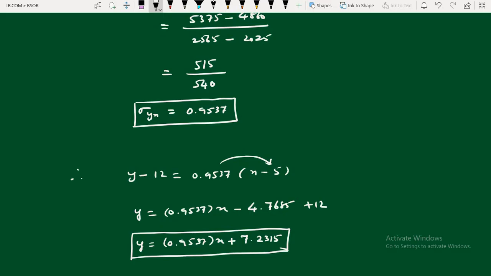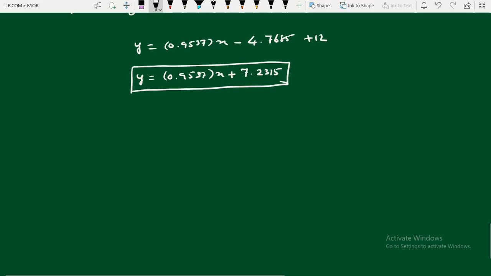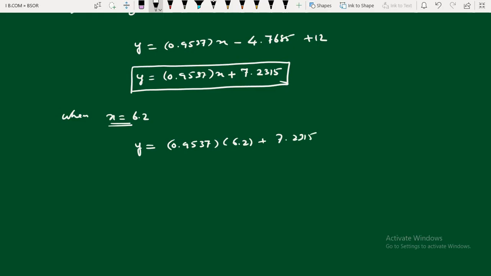In the given problem, one more question is there. When x equal to 6.2, what is the value of y? Easily we can find that. Put x equal to 6.2 here. y equal to 0.9537 into 6.2 plus 7.2315.